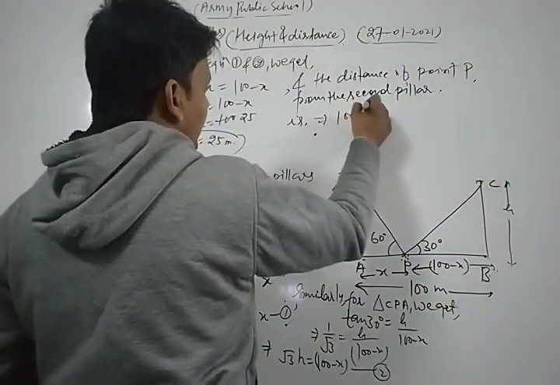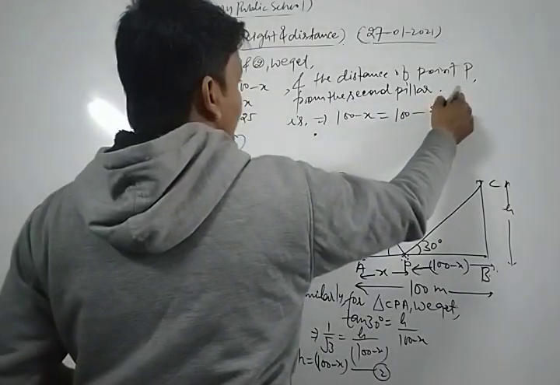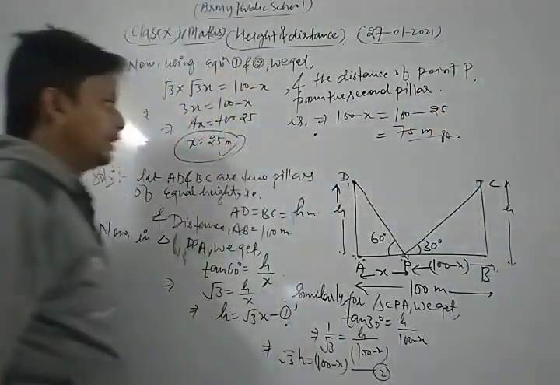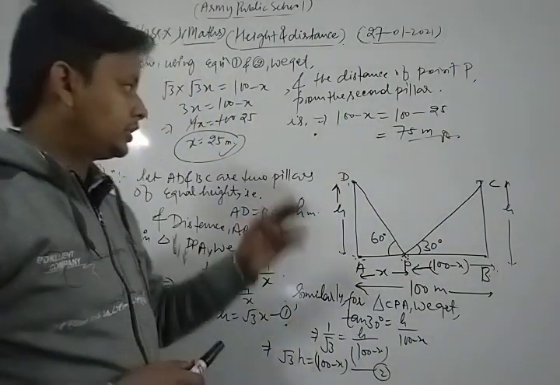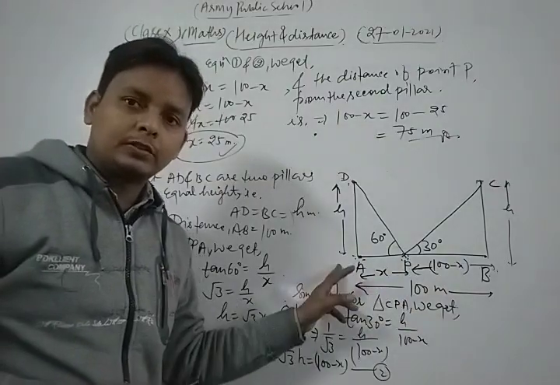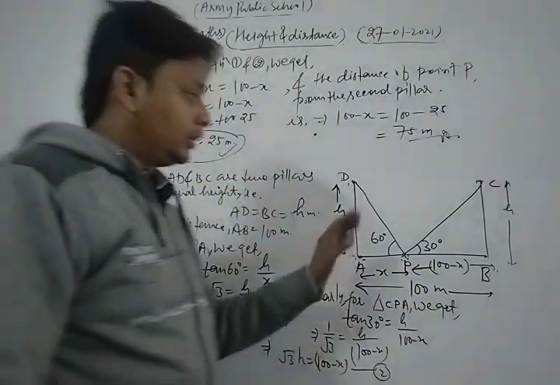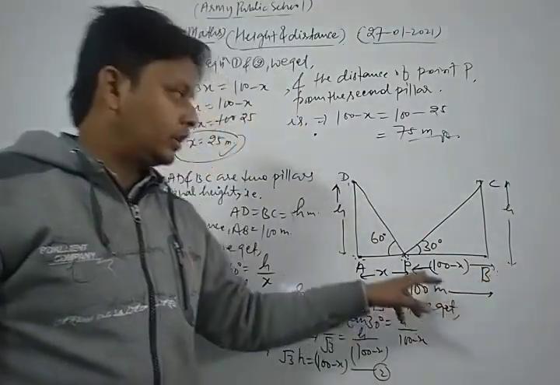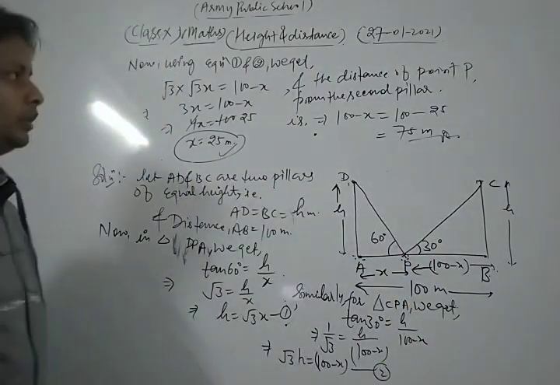That is 100 minus the value of x, that is 100 minus 25, that is 75 meter. This is another answer. Thus, dear students, the distance of that point from the first pillar is 25 meter, and the distance from the second pillar is 75 meter.